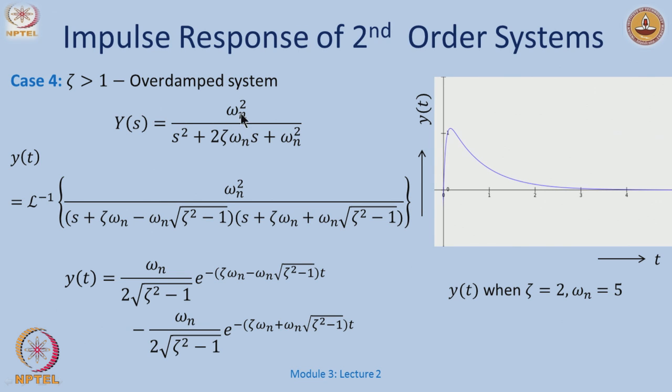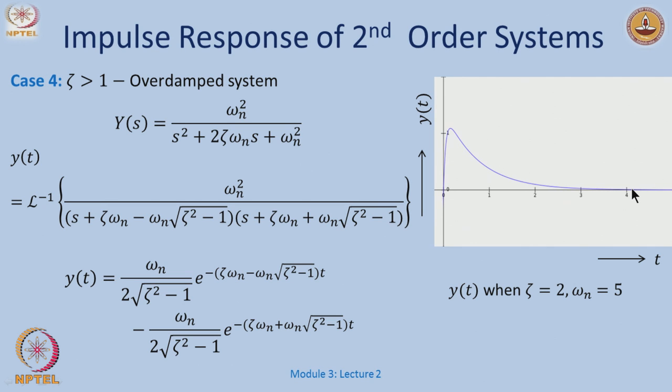So, omega n square plus 2 zeta omega n s plus s square, I can just write as a composition of 2 real roots like this, for which the response looks like 2 exponentially decaying signals, zeta omega n and so on. Again, in this response there is no oscillating term, no sinusoidal term. So, you just go up and then come back. Possibly when zeta equals 3, you might have an even slower response, which could take a much larger time like this and so on.